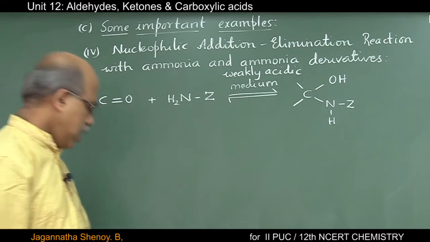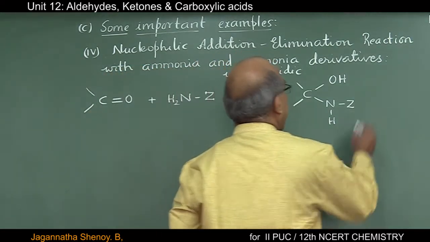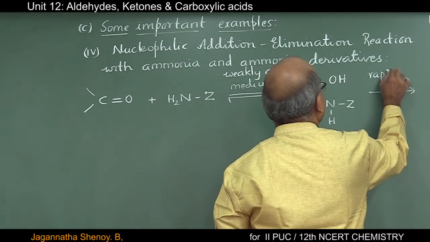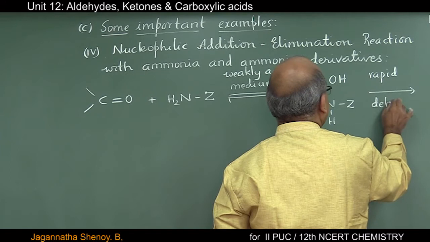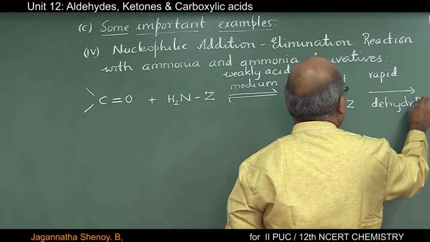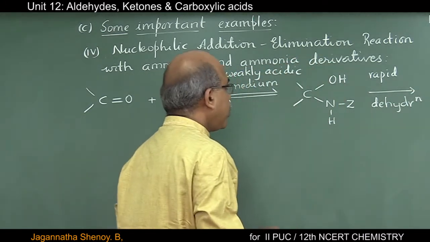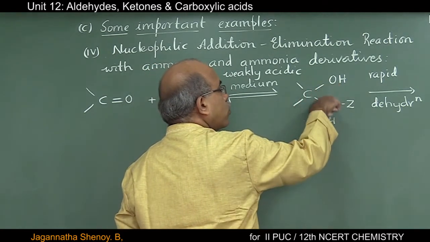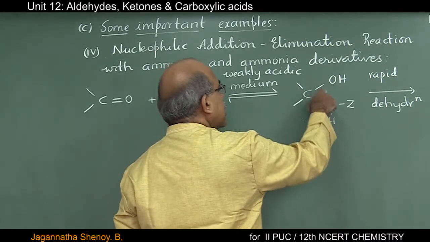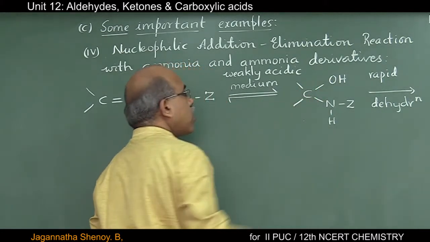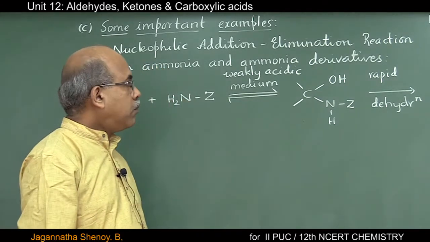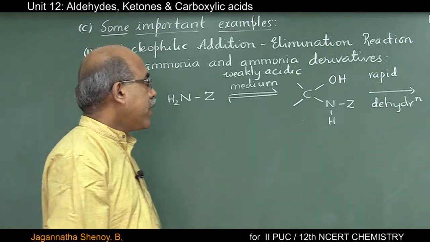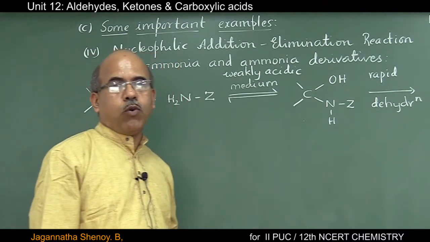Now this molecule undergoes rapid dehydration. In what way does it undergo rapid dehydration? You see here, the carbon atom is connected to two highly electronegative atoms, oxygen and nitrogen, by means of single bonds. The molecule has to be highly unstable. In order to gain stability, it has to lose a molecule of water.